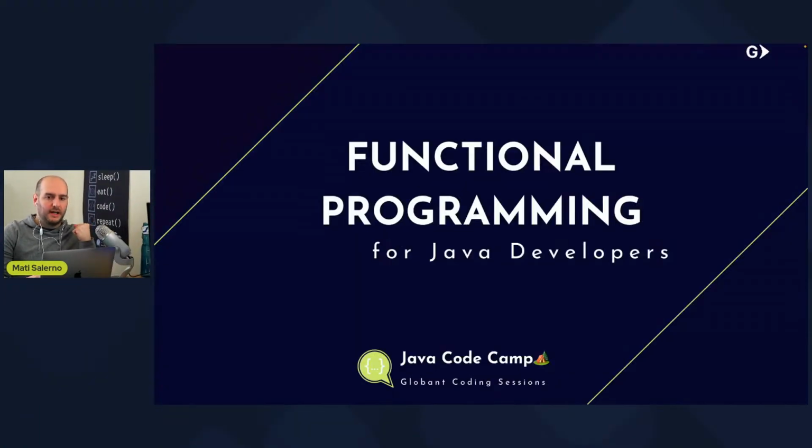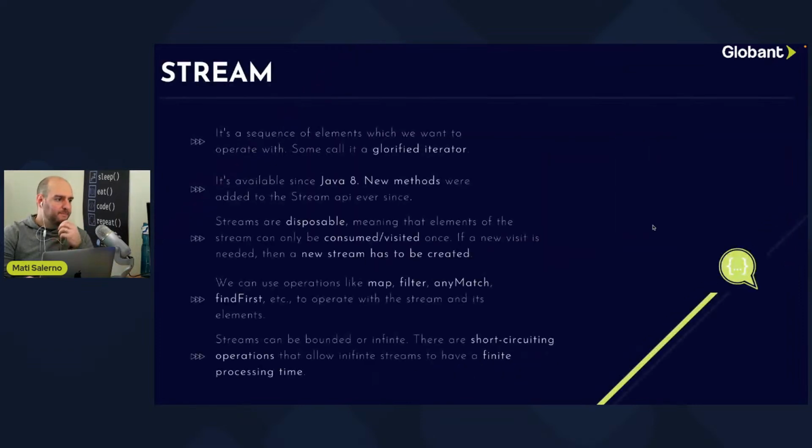All right, so we can start with our presentation now. And I'm going to start talking about the Stream API. So we briefly touched on the Stream API because we have been working together and we have been implementing a lot of features together, and we have used the Stream API.